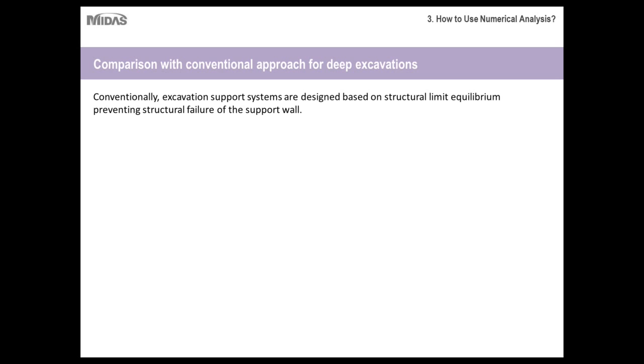As we saw in the previous chapters, engineers just determine the earth pressure and apply it onto the structural components of the supporting wall, and then perform the structural design. This methodology works fine for shallow excavations, but for deep excavations there are certain problems. Let's see what the limitations are.